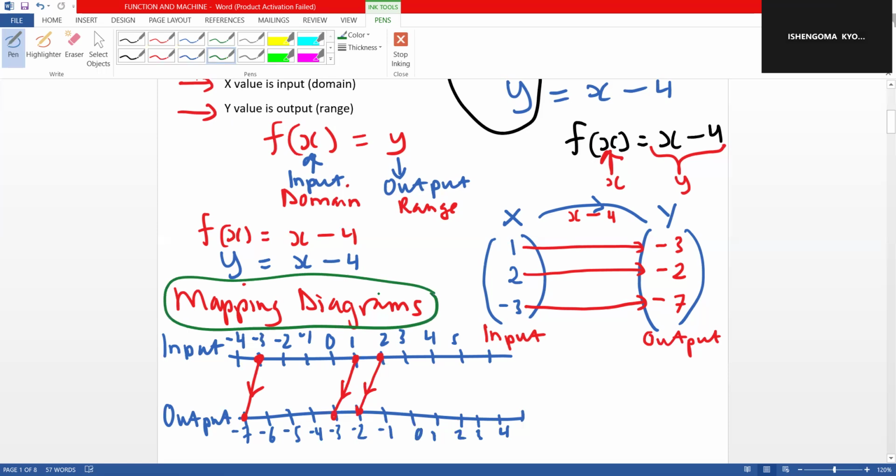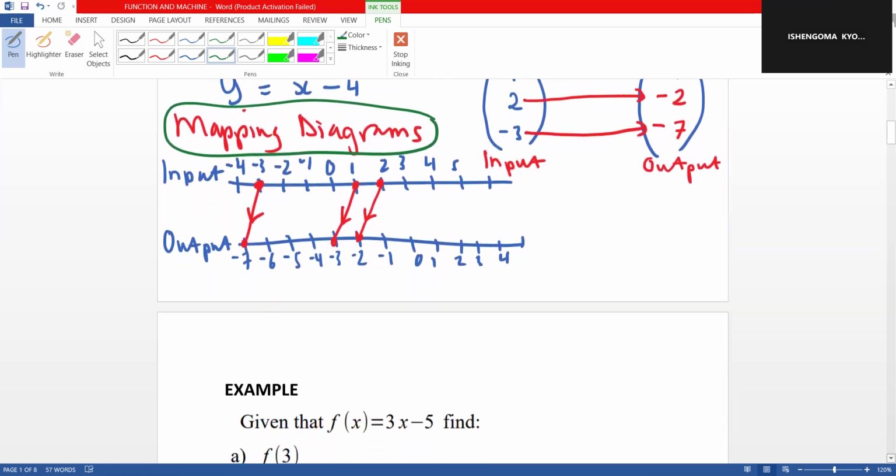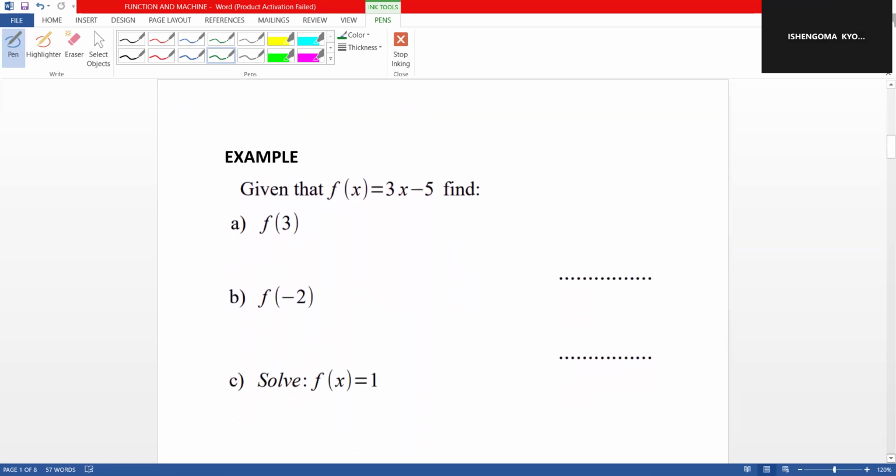Now, when we are dealing with a function, we must always know an input and an output. Today, we want to focus on a function machine. But before we go to function machine, let's see how a function can look and how we deal with it when you are given an input, that you find output, and when you are given output, that you find input.